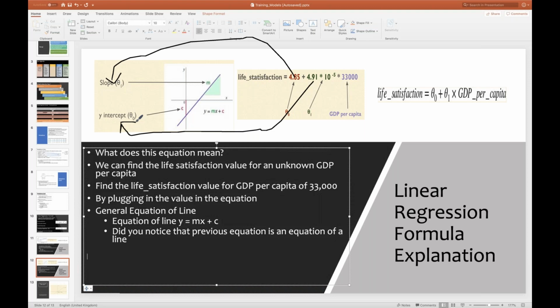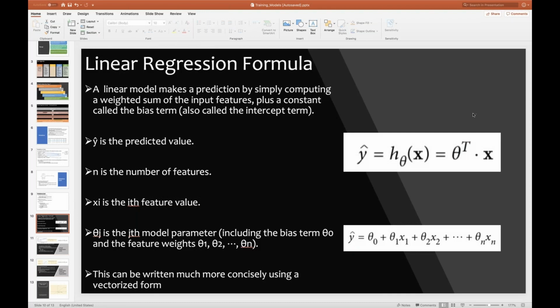When you talk about slope and intercept, it takes you back to this formula. Now, a linear model makes a prediction by simply computing a weighted sum of input features, plus a constant bias term.